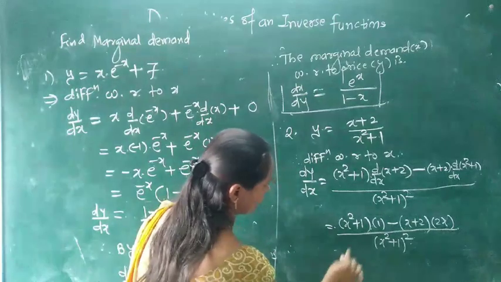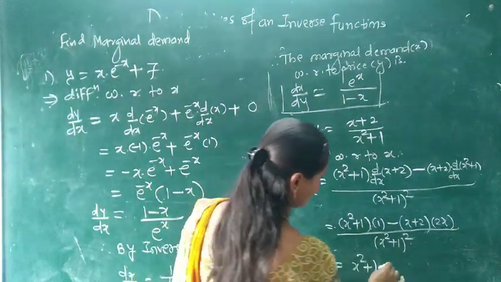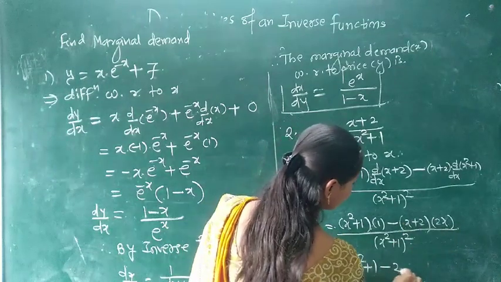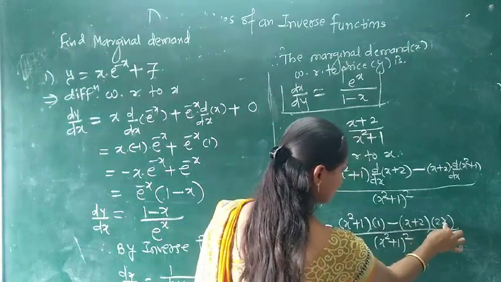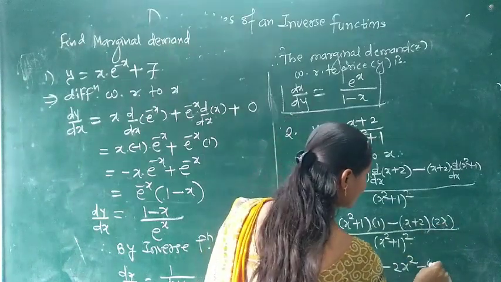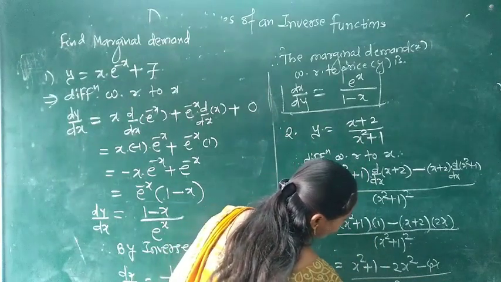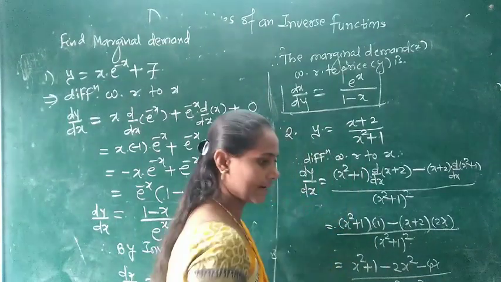Multiply this term 1 into this term, that is x square plus 1, minus 2x into x is 2x square, and 2 into 2x is 4x, but this sign is minus, so we write minus 4x upon (x square plus 1) bracket square.